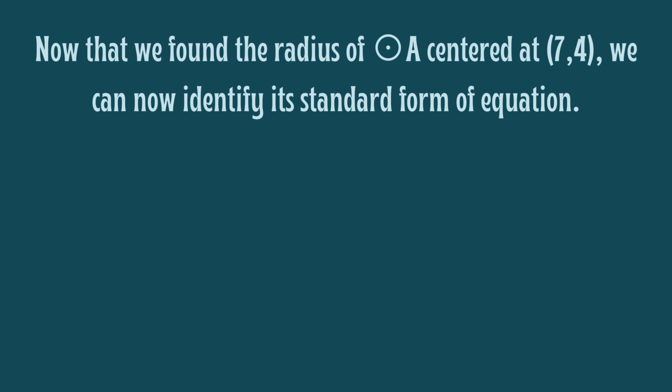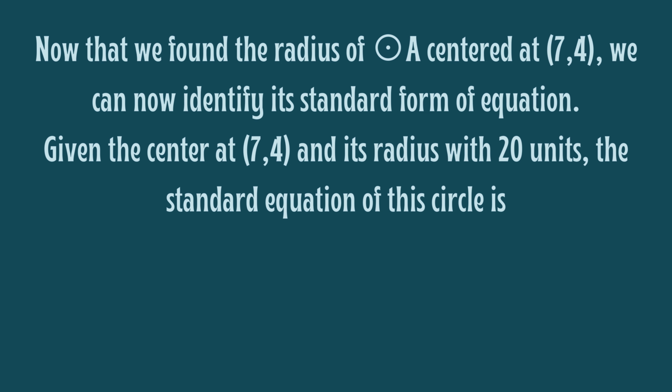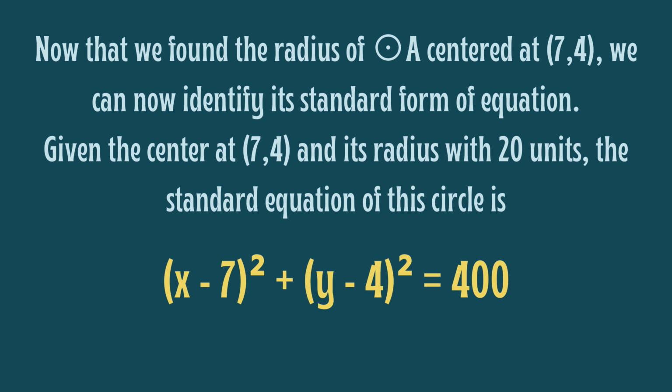Now that we found the radius of circle A centered at 7, 4, we can now identify its standard form of equation. Given the center at 7, 4, and its radius of 20 units, the standard equation of this circle is x minus 7 squared plus y minus 4 squared equals 400.